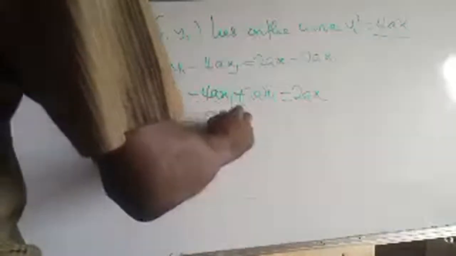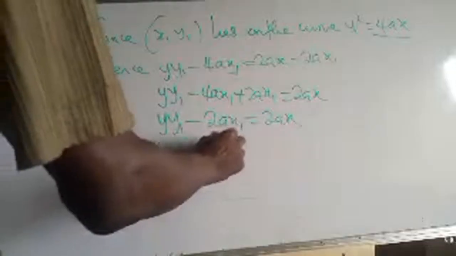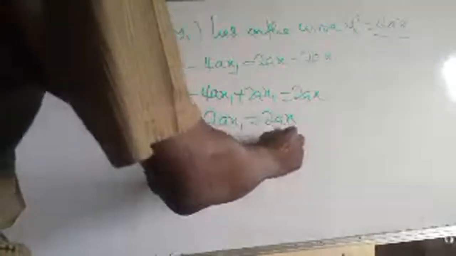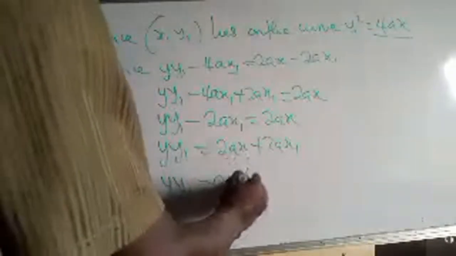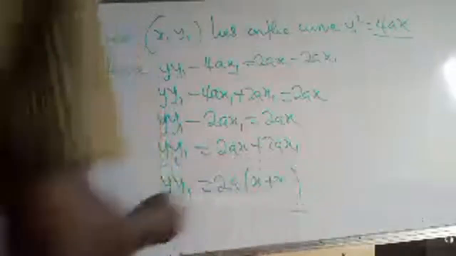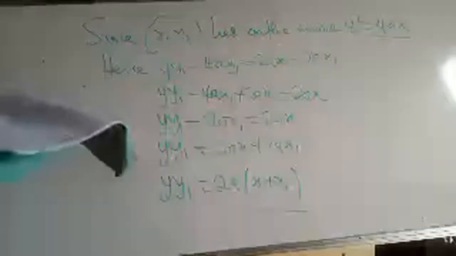So y1 minus 2ax1 is equals to 2ax. So we have y1 is equals to 2ax plus 2ax1. So you can see now. So you have y1 is equals to 2a into x plus x1. That is what we got there. So I hope that should be clear enough for you.